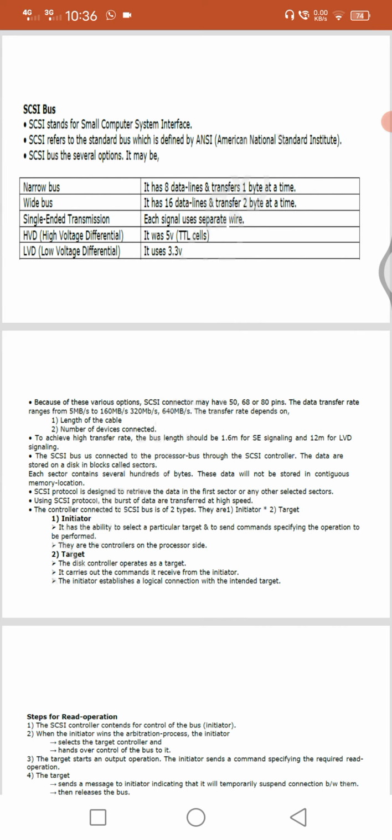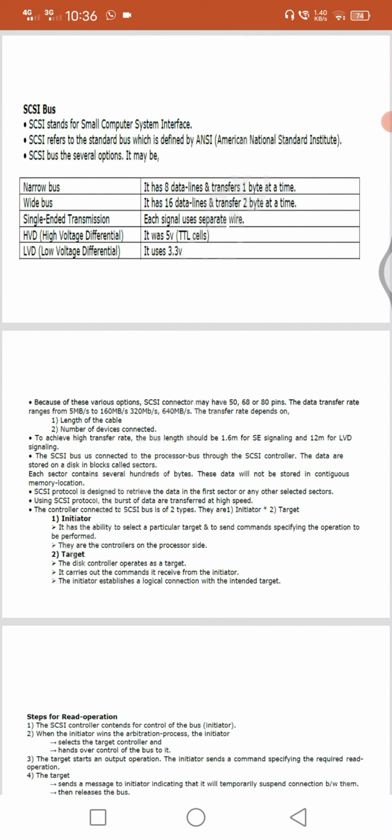So the controllers connected to the SCSI bus are of two types: initiator and target. The initiator has the capability to select a particular target and to send commands specifying the operation to be performed. The disk controller operates as a target.